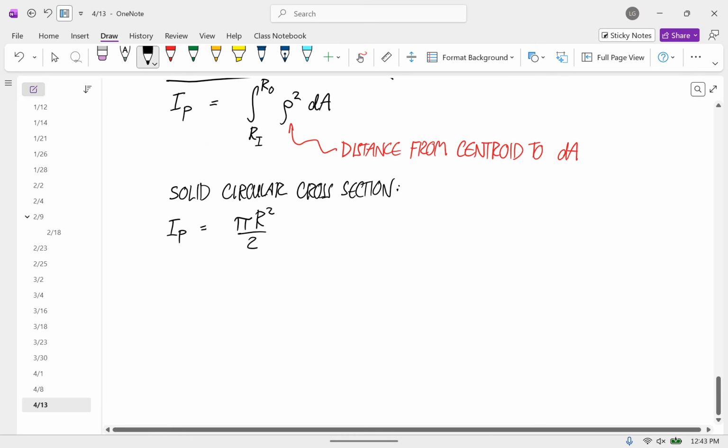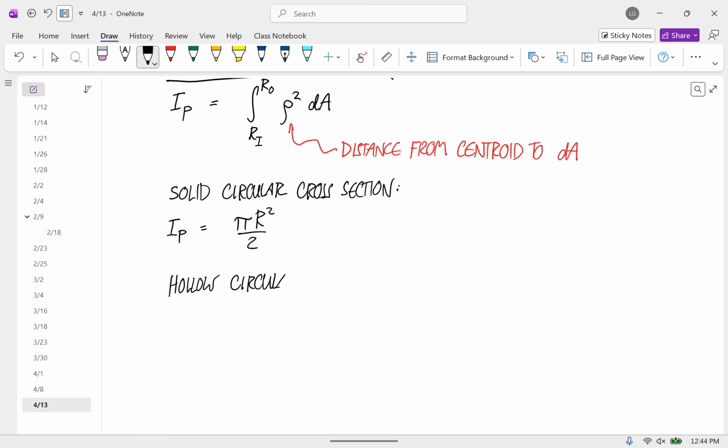And if you have a hollow circular cross section, then the polar moment of inertia is pi over 2 times the quantity r outer squared minus r inner squared. Okay.